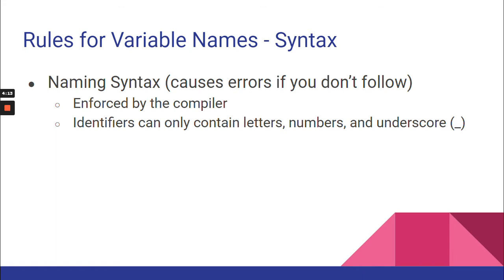Every other possible character that you can type is not valid. It cannot contain the hashtag. It cannot contain an exclamation point. It cannot contain a period, etc. Letters, A through Z, upper or lower case, numbers 0 through 9, and the underscore. That's the first of the rules.